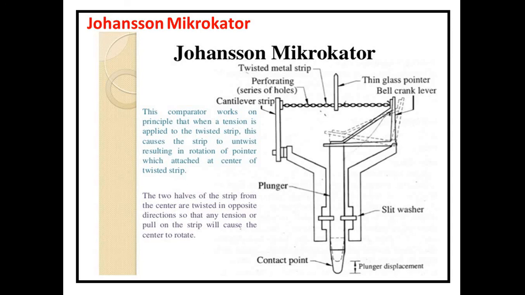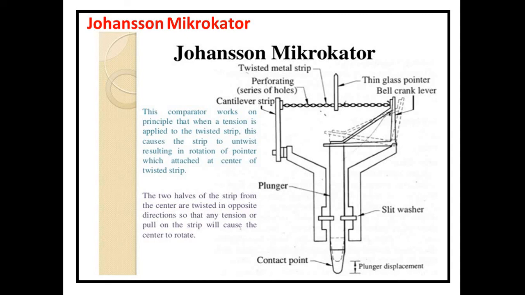As the plunger moves upward, the bell crank lever pivots at this point and takes a new position. The dotted position is the new position of the bell crank lever as the plunger moves upward.